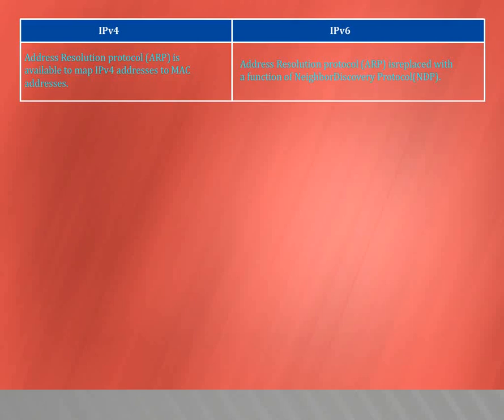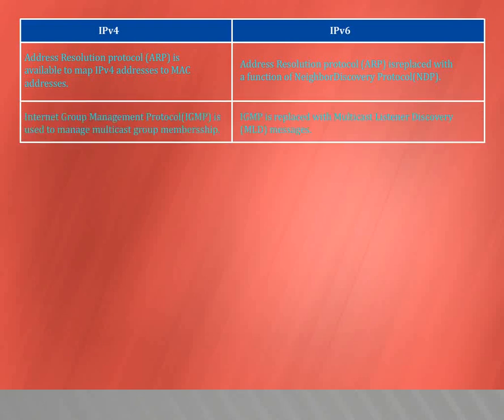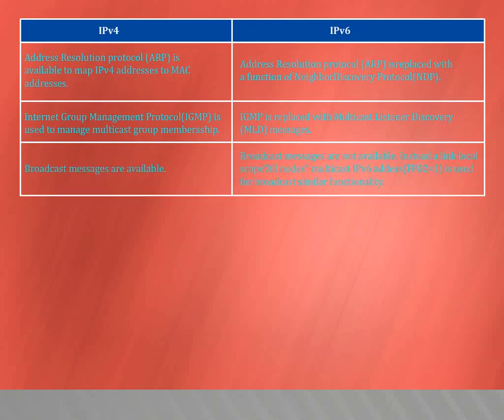Address Resolution Protocol, ARP, is available in IPv4 to map IPv4 addresses to MAC addresses. In IPv6, ARP is replaced with a function of Neighbor Discovery Protocol, NDP. Internet Group Management Protocol, IGMP, is used to manage multicast group membership. In IPv6, IGMP is replaced with Multicast Listener Discovery, MLD, messages. Broadcast messages are available in IPv4.